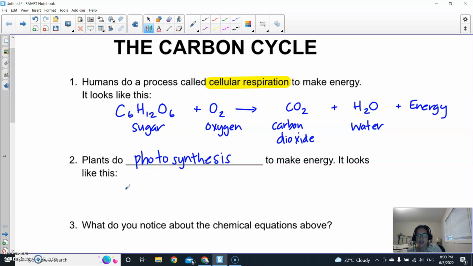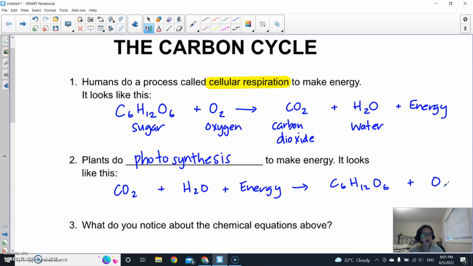On the left-hand side, we're going to have CO2 plus H2O plus energy, and then on the right side of the equation or the reaction, we have C6H12O6, and we also have O2.